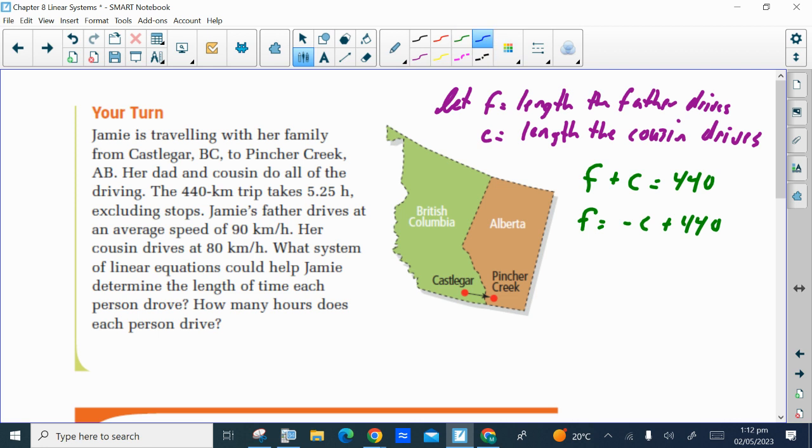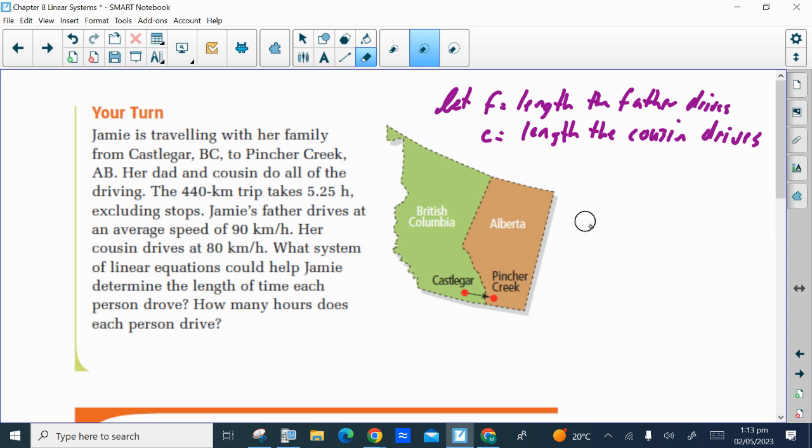Our second equation, though, will involve the time. It takes 4.25 hours. So, to get a formula for, actually, you know what? I did this backwards.